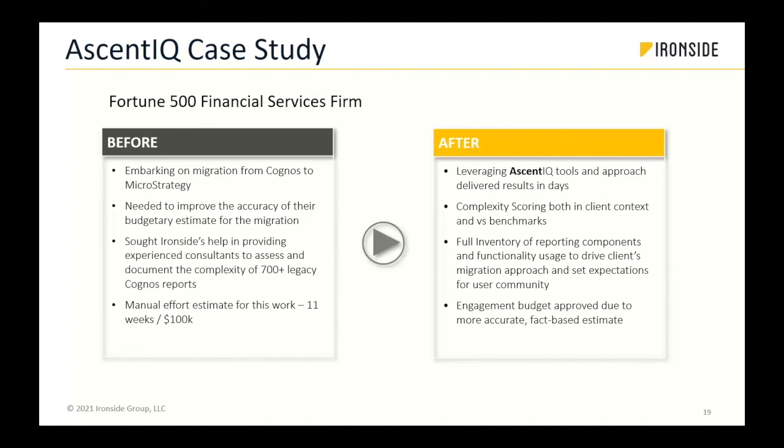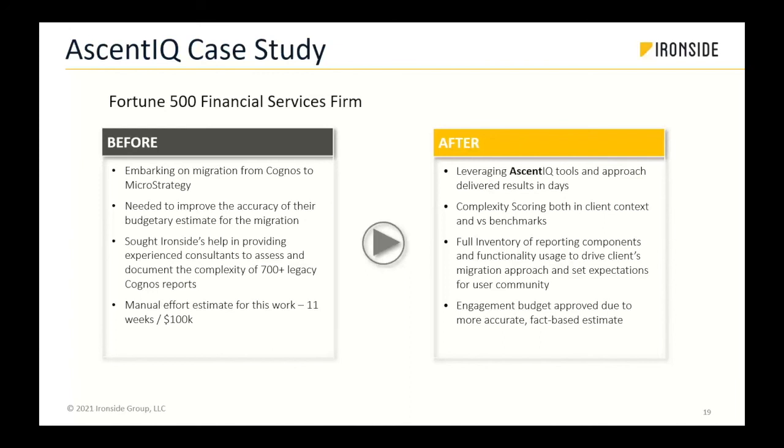When we leveraged AscentIQ, we delivered results to them in days as opposed to 11 weeks. We gave them complexity scoring, both in a client context, so within the universe of their reports, how complex was a single report, but also versus benchmarks, in the context of all the other reports that we have assessed for other clients.